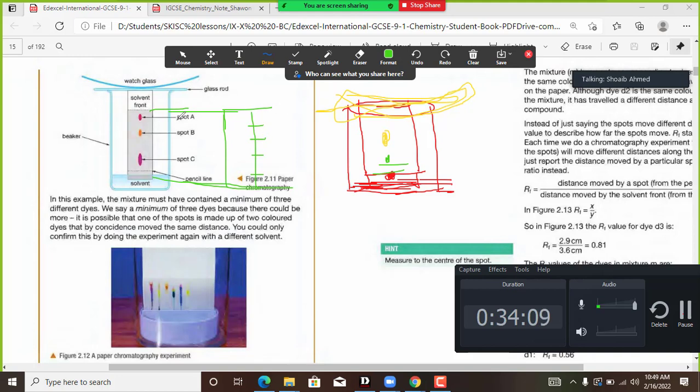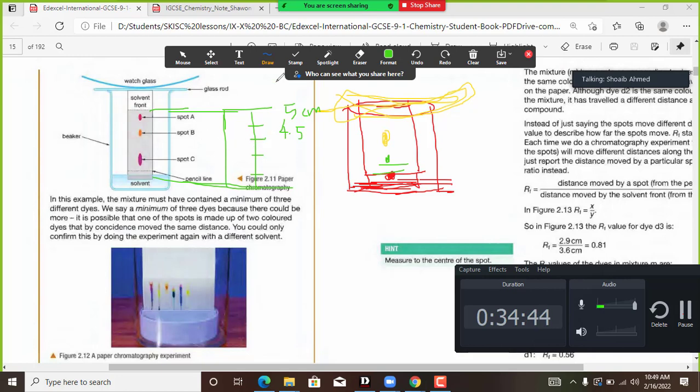The solvent passed 5 centimeter. And this spot A, this color A, passed around 4.5 centimeter. Spot A, how much distance passed? 4.5 centimeter, okay.